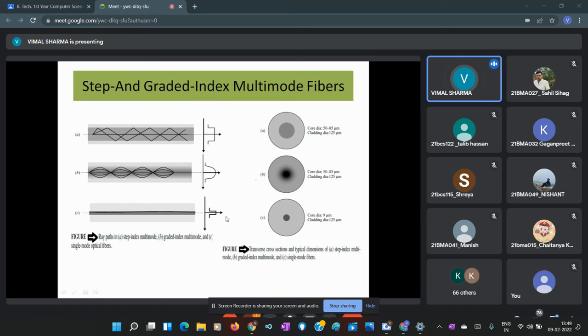As I said earlier, a change in refractive index is observed in the transverse direction, and there is no change in the refractive index along the axis of the optical fiber. So I'm choosing this as the transverse direction, transverse to the axis.